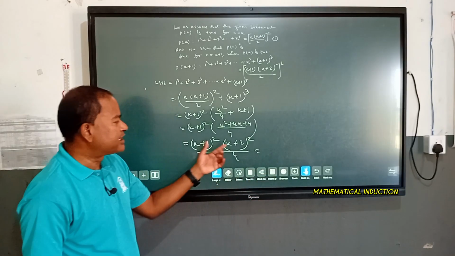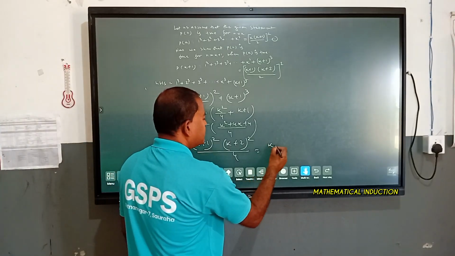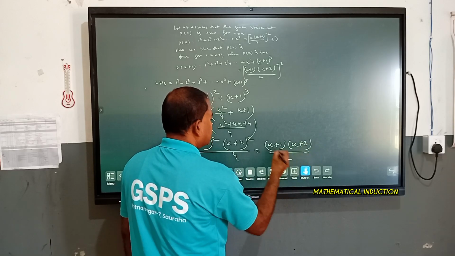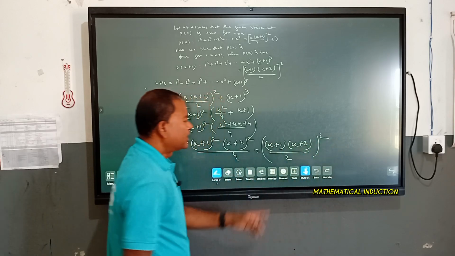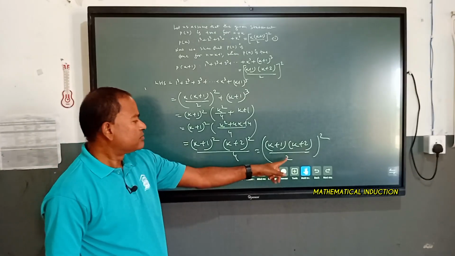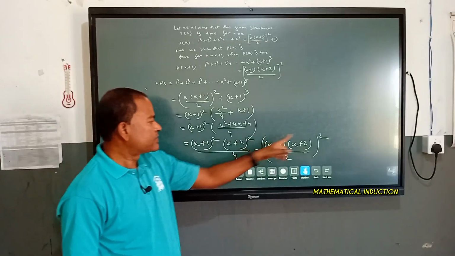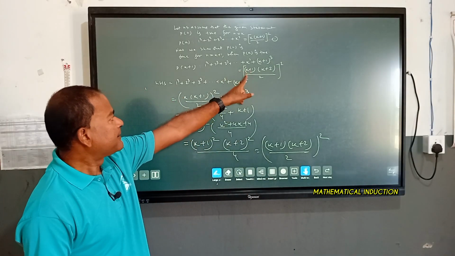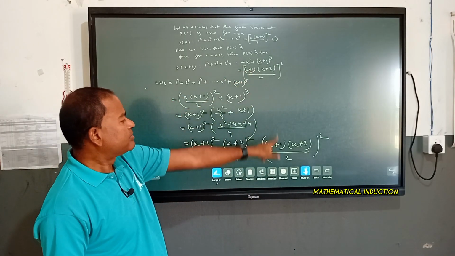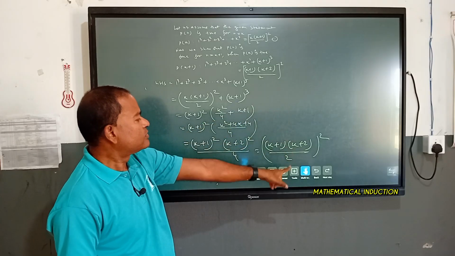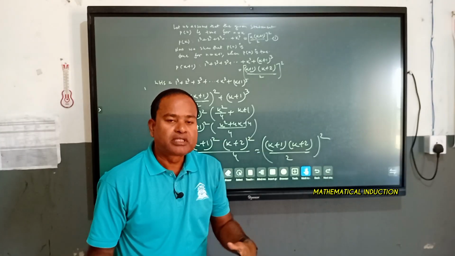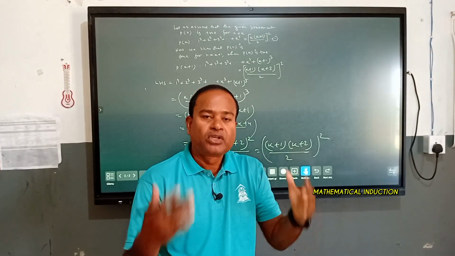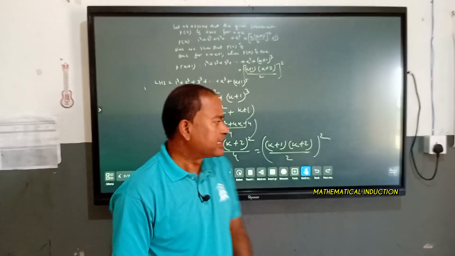So now this expression we can write as [(k+1)(k+2)/2] whole square, because a square is a square, we can write the whole square. So dear students, we have got exactly the value of RHS, [(k+1)(k+2)/2] whole square. That means the given statement is also true for n = k+1 when it is true for n = k.